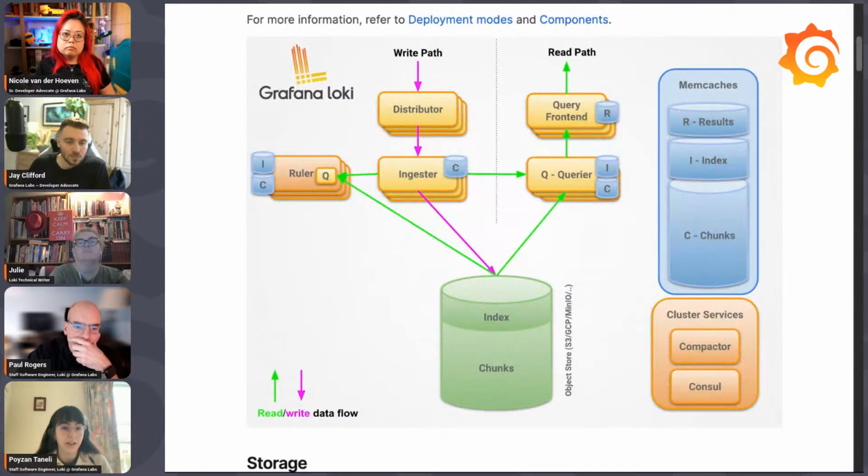And the results cache is, confusingly enough, and we apologize, this is the Loki style, organically growing. You will see it in the Jsonnet as memcache frontend, but in the Helm charts as memcache results cache.